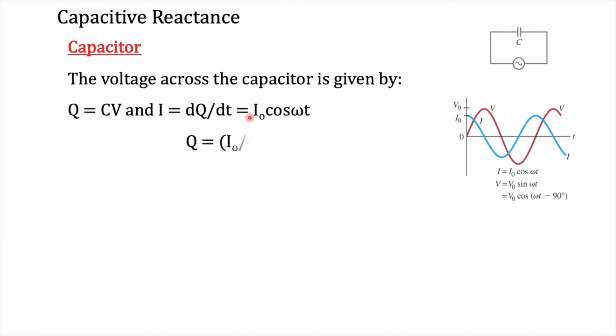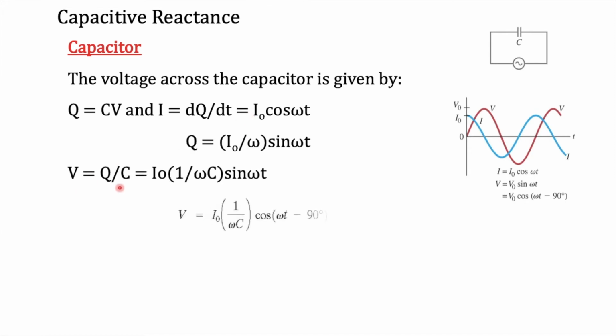So here we'll again derive a simple relation for V and I. The current through the capacitor is I naught cosine omega t, and to find the voltage across the capacitor here, we take the capacitance relation, Q equals CV, where I, we can write, is the rate of change of charge, dq/dt, which is equal to I naught cosine omega t, and I need to integrate this time.